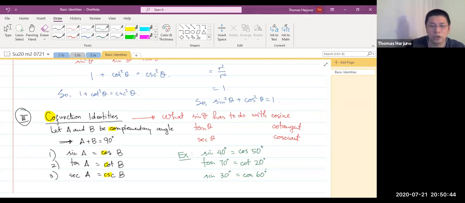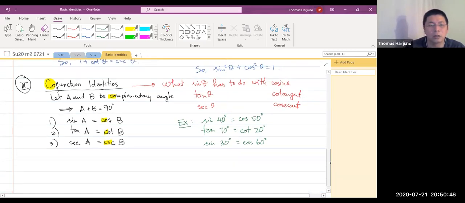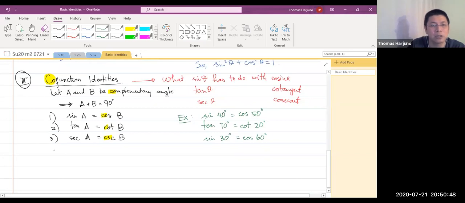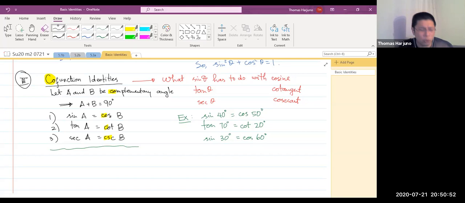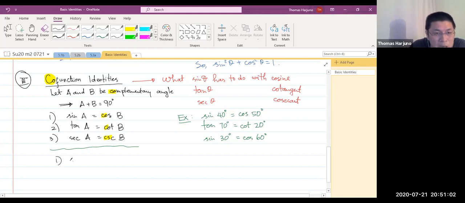Such that we can rewrite these identities in slightly different ways. We can write it this way: sine theta is equal to cosine of the complementary angle, 90 degrees minus theta.